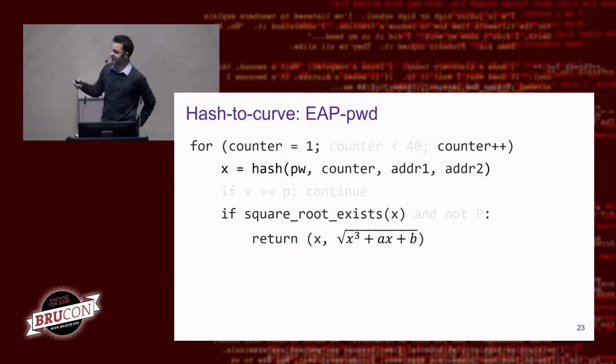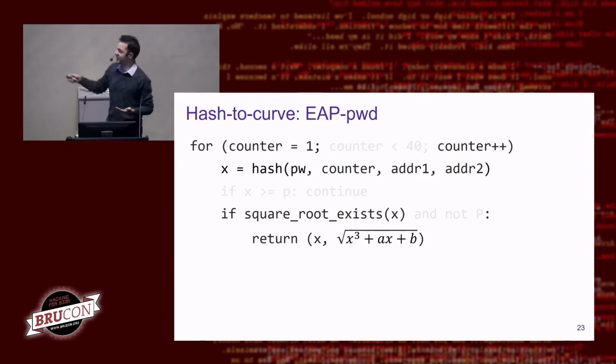And then the idea is we take this x coordinate and we check if there is a corresponding y value as well. This y value we would have to calculate using the square root. And to give a simplified explanation, there won't be a corresponding y value for every x coordinate.